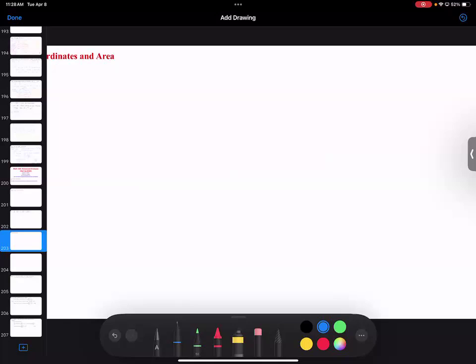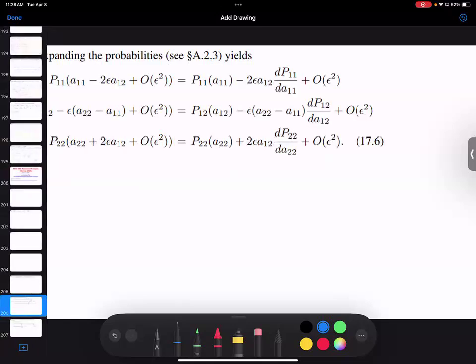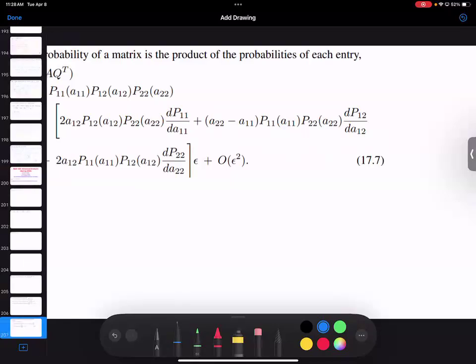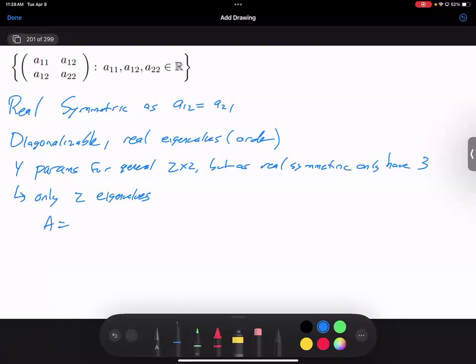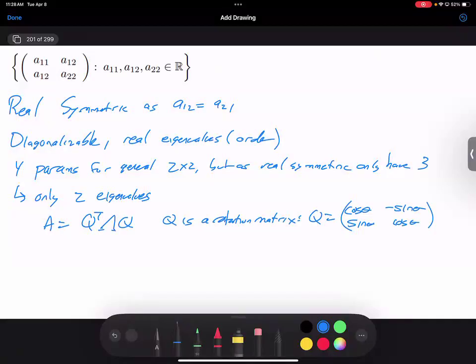It's Q A Q transpose, and it becomes Q transpose lambda Q. If I write it like that, I can write my matrix as an orthogonal matrix and a diagonal matrix in this nice relationship, Q transpose lambda Q. And so Q is a rotation matrix: cosine theta, minus sine theta, sine theta, cosine theta, and it has 1 degree of freedom.